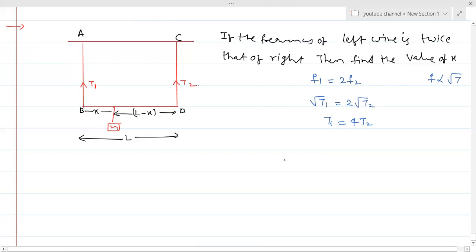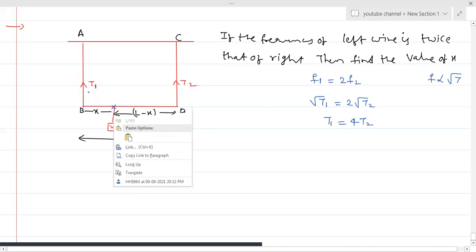According to the system of particles, the torque exerted by T1 is equal and opposite to the torque exerted by T2. This is the axis of rotation. Torque means force into perpendicular distance.